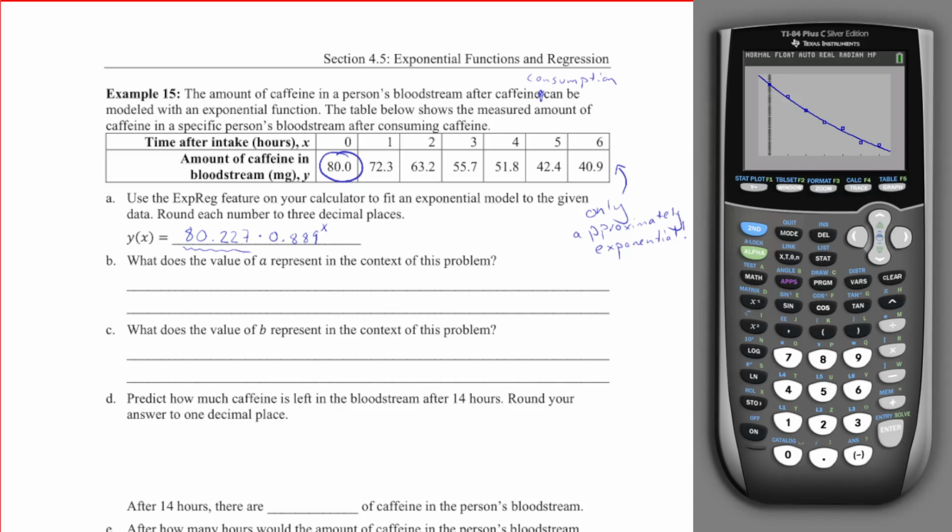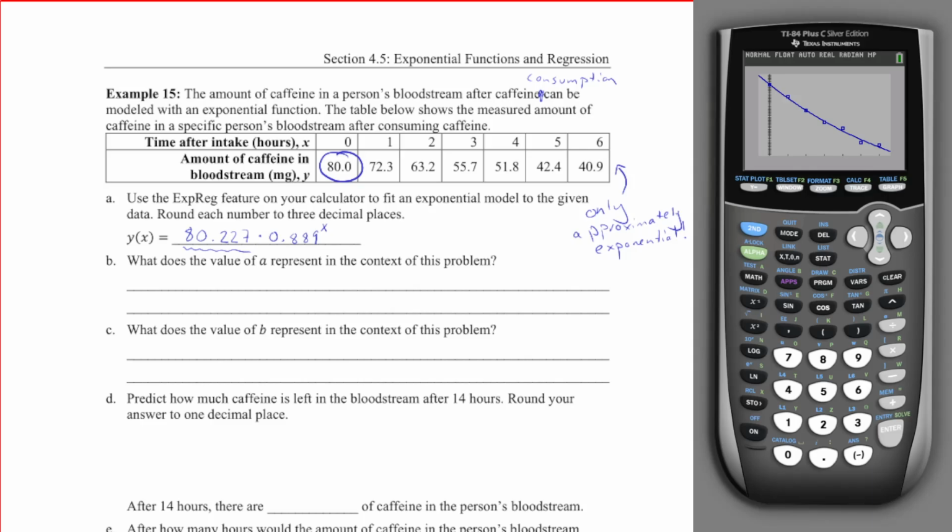So these are inexact measurements. Probably the measurements are also not taken exactly every hour, right? It's very hard to take something on the hour to within a second or something. So probably the reason that this is not a perfect exponential fit is because of measurement error.